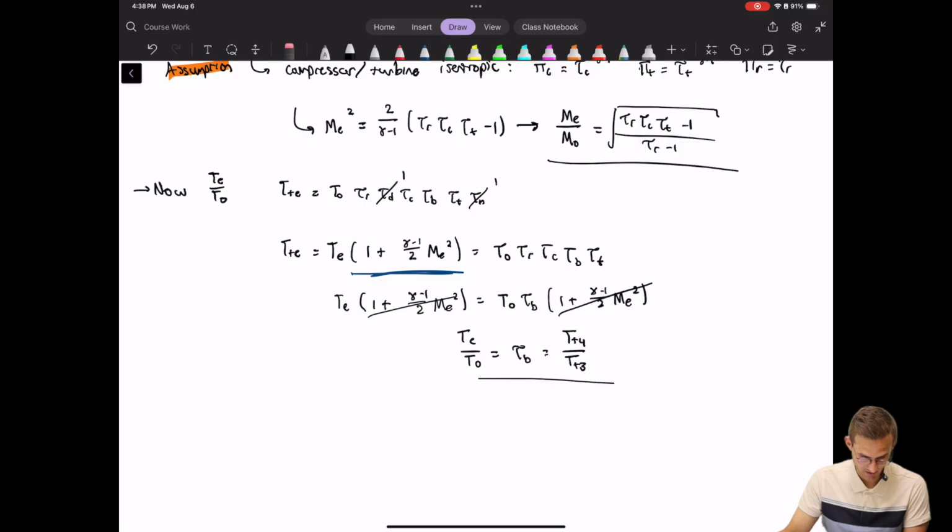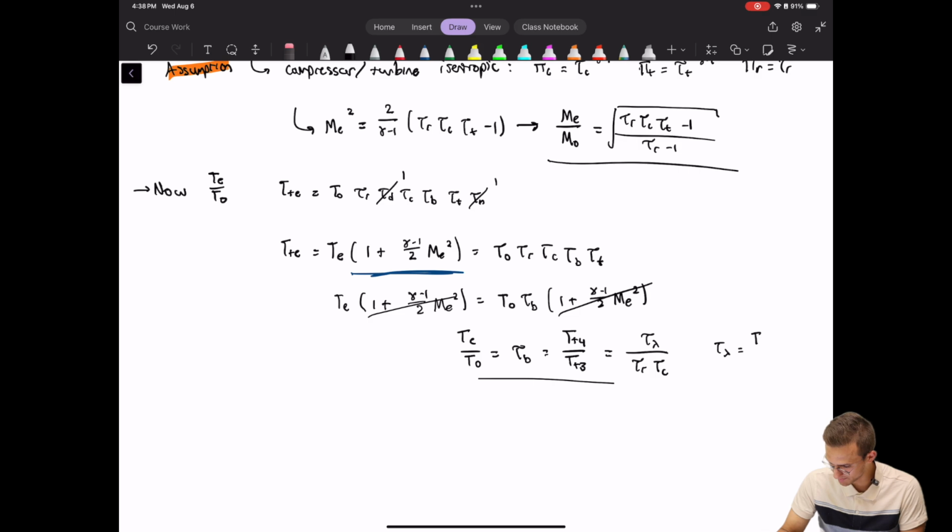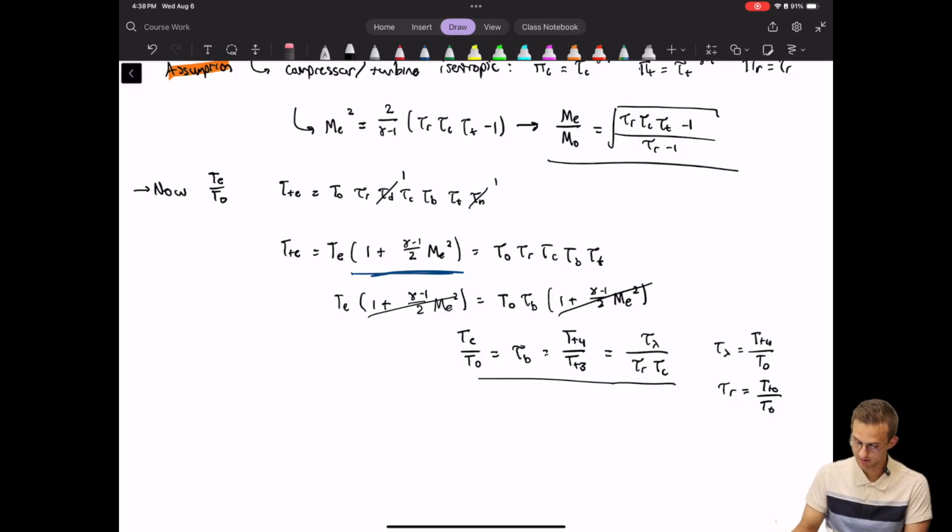So that's real nice. We can rewrite this in terms of the engine parameters as tau lambda over tau R times tau C. That's because tau lambda, just to remind you, is equal to Tt4 normalized by T naught, and tau R is just Tt naught over T naught. So that's how you get that relationship for Te over T naught in terms of the ratios.